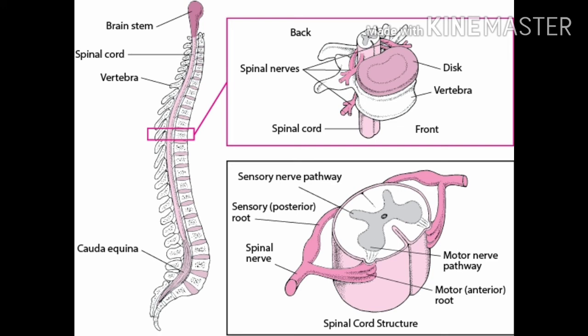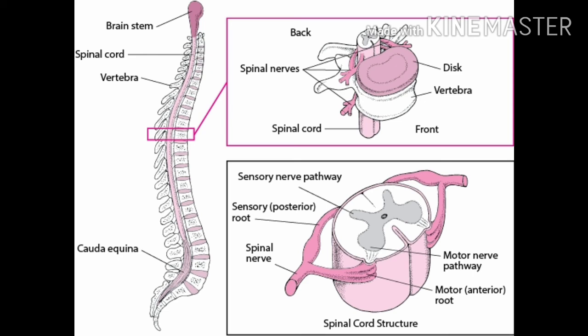The gray matter is present at the center, in a butterfly shape, it just looks like a butterfly. It has different wings, the dorsal wings and the ventral wings. Dorsal wings are present at the front region, and the ventral wings are present at the back side.